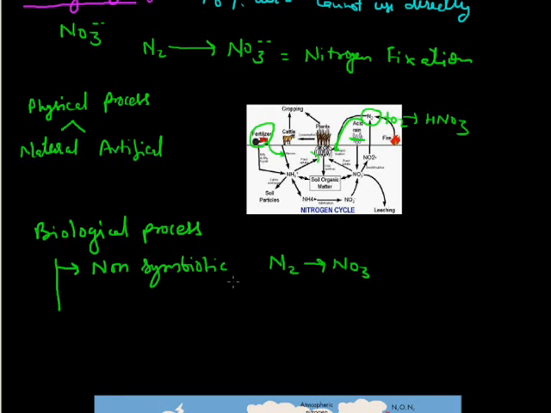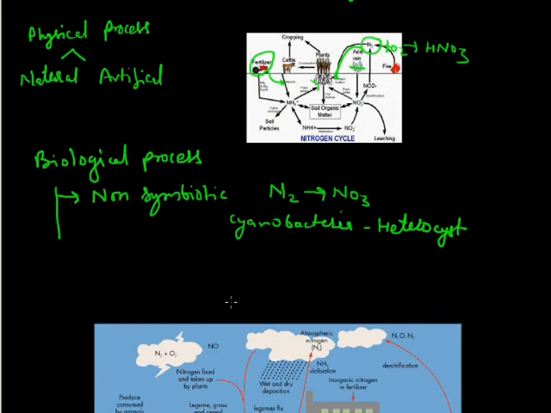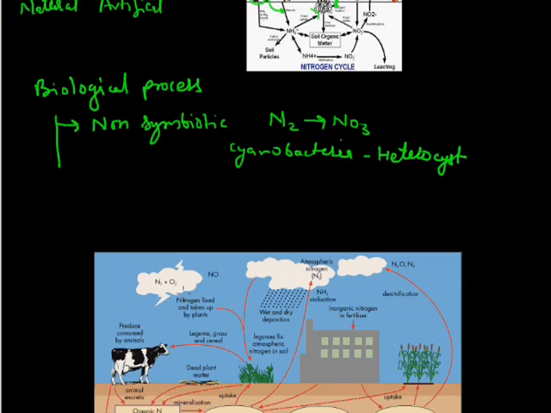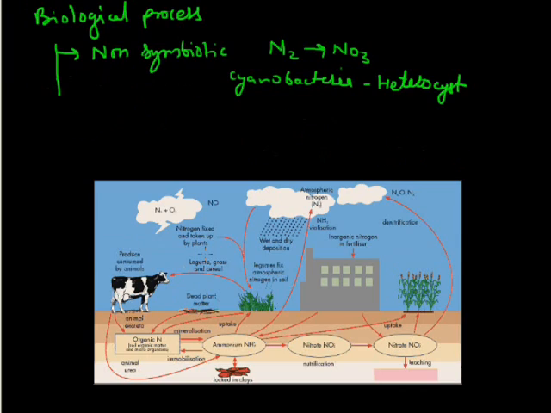For example, cyanobacteria have heterocysts, which convert nitrogen into nitrate without any help from other living beings. Such a process we call non-symbiotic. Another important process is the symbiotic process, which we discuss here.